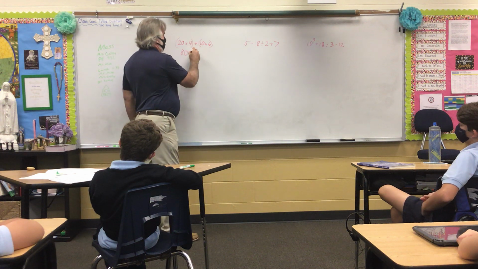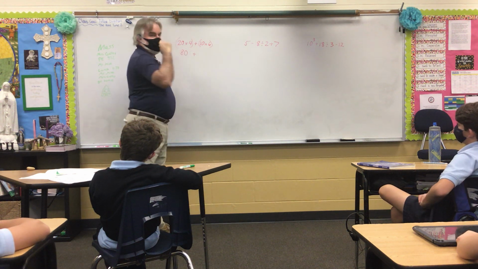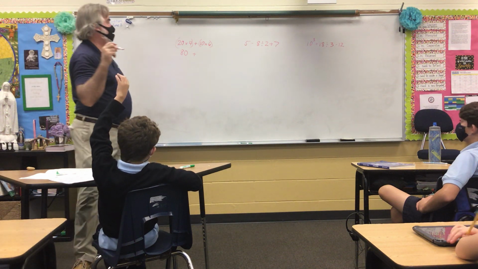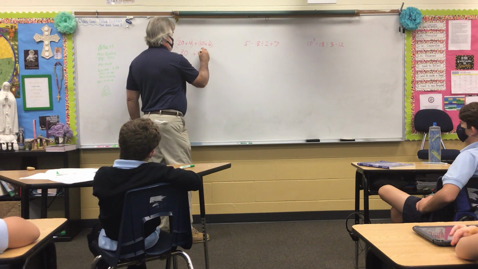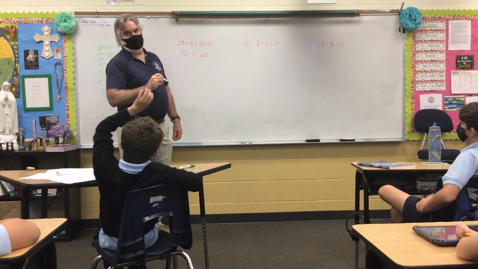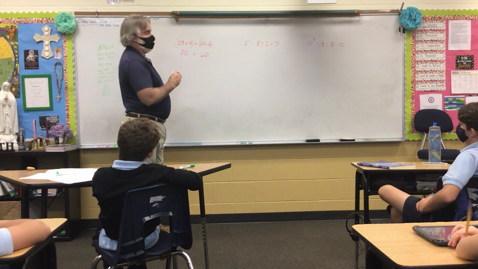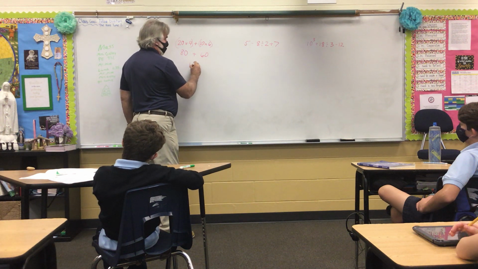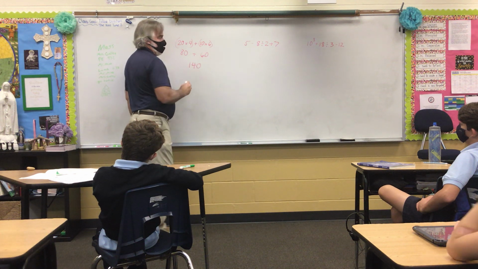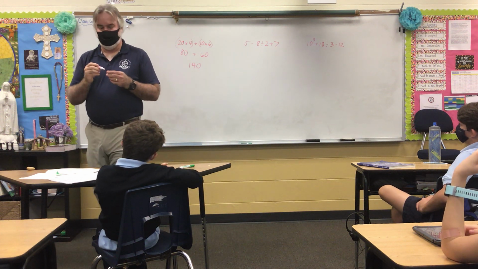Bring down the plus sign. Then what am I going to multiply? 20 times 4. And what do I get? 60. Guys, these problems are not very hard. 80 plus 60. 8 and 6 is 14. Add your 0 on. 140.